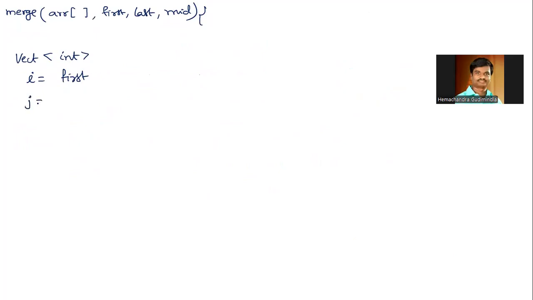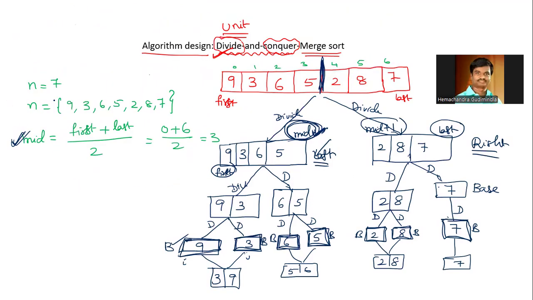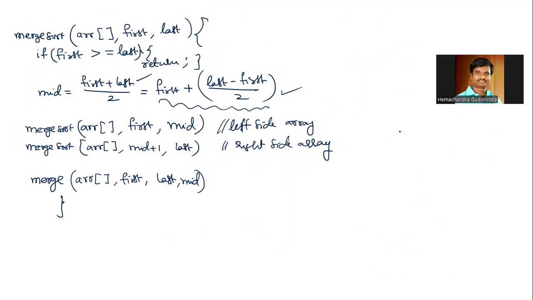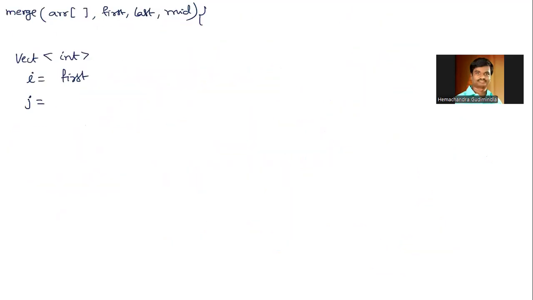What is j starting from? You can see here, I is the left side, this is the first, and J, what is the first index? Mid plus 1. So the same I'm going to write here, J is mid plus 1. Left side is the starting element, the starting index, that is the first index.